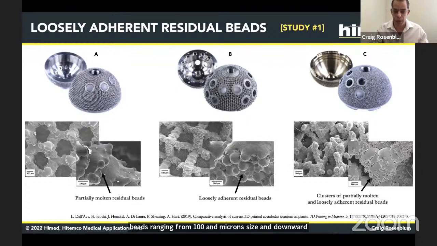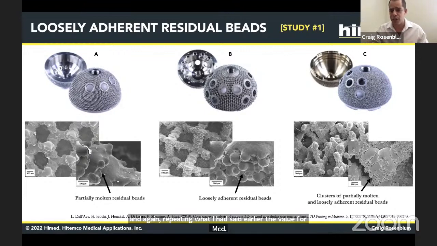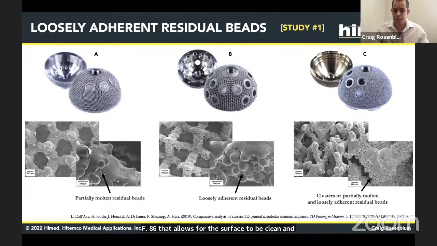And again, repeating what I had said earlier, the value for MCD is that following the blasting with this calcium phosphate abrasive, we can perform a passivation operation in accordance with ASTM F86 that allows for the surface to be clean and free of any embedded particulate in the surface. So this was the first study that I'm presenting to you today.